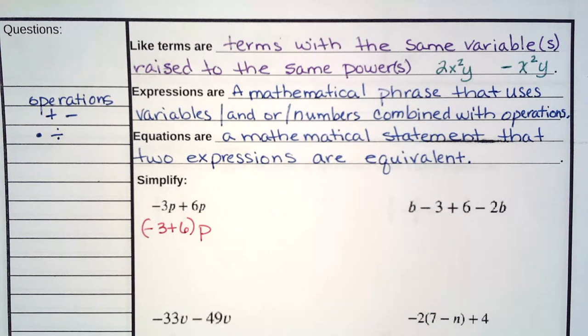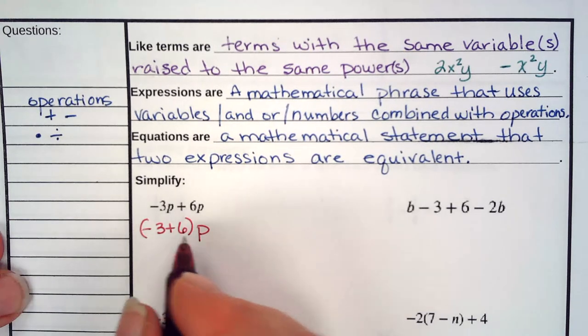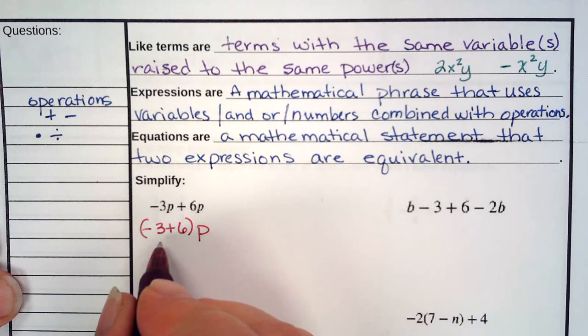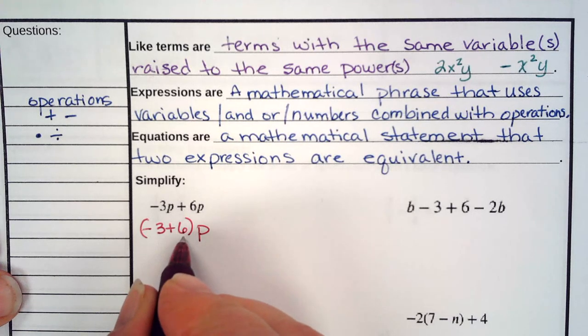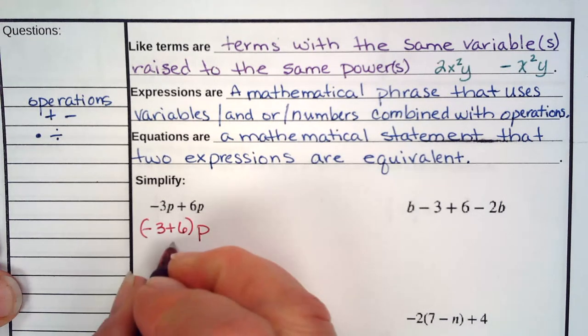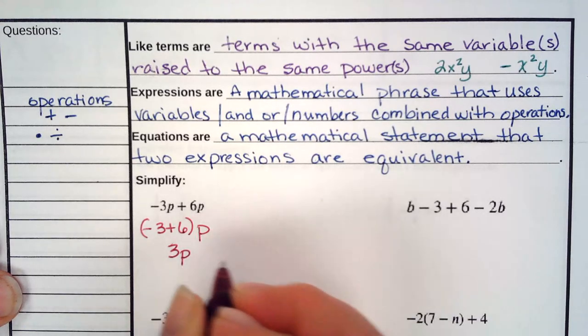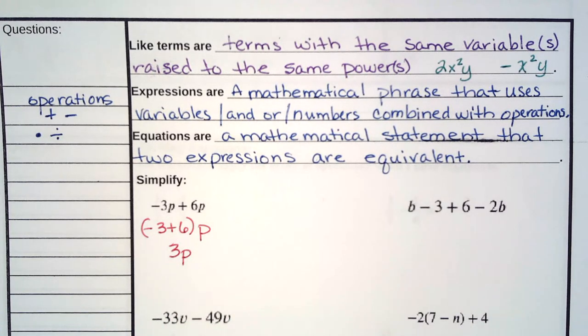I'm using the distributive property in reverse. So -3 plus 6, well, 6 is bigger than 3. So I'm going to subtract. 6 minus 3 is 3. And I'll keep the positive sign because 6 is a bigger number.